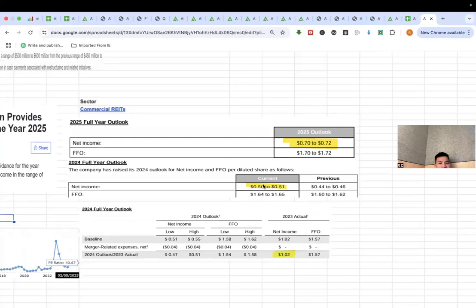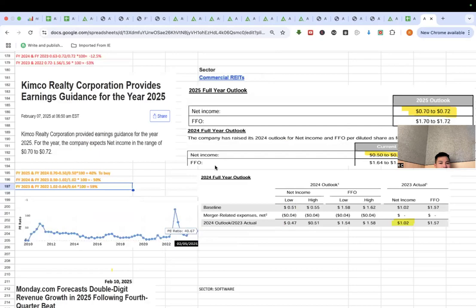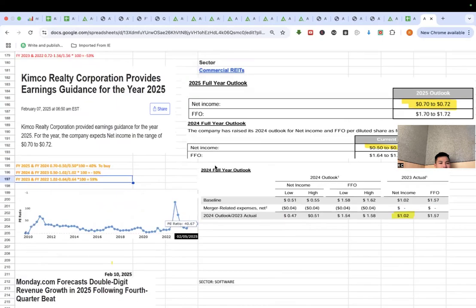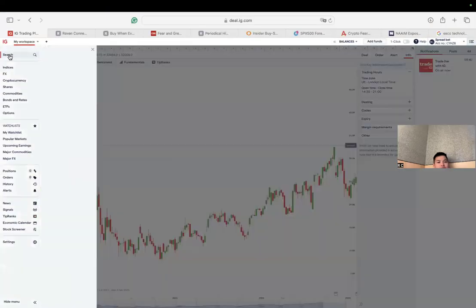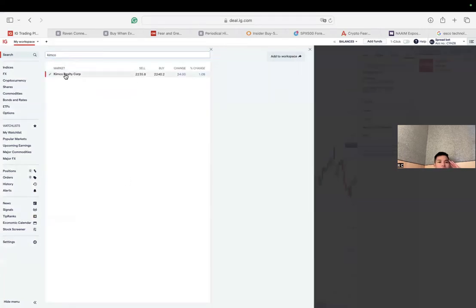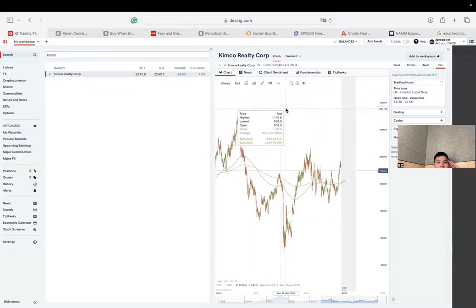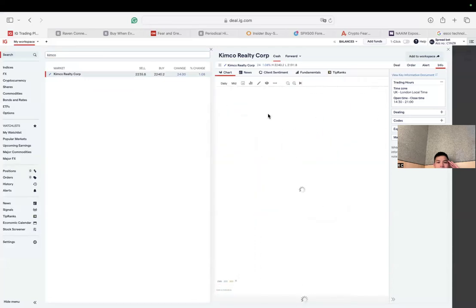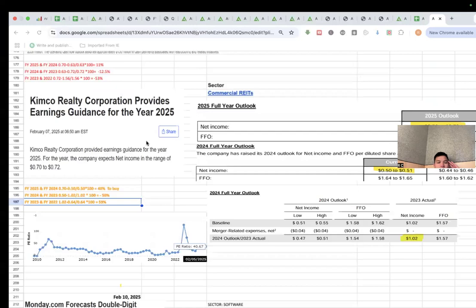Yeah, 1 to 0.5 and then 5 to 0.7. Kimco, need a little bit more. Yeah, just going sideways like that.